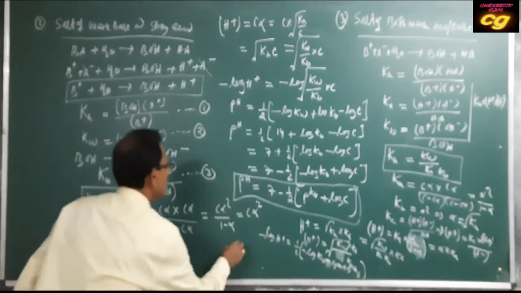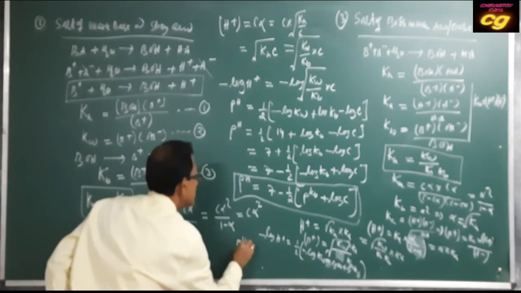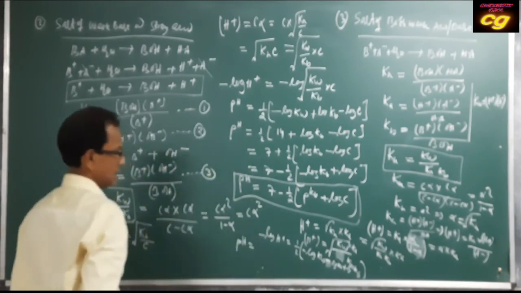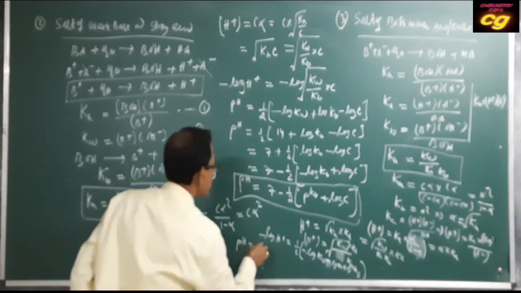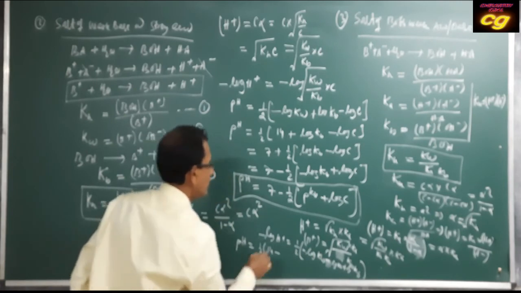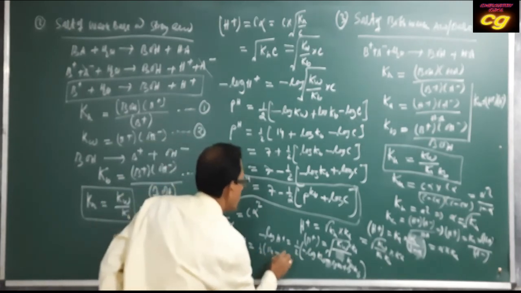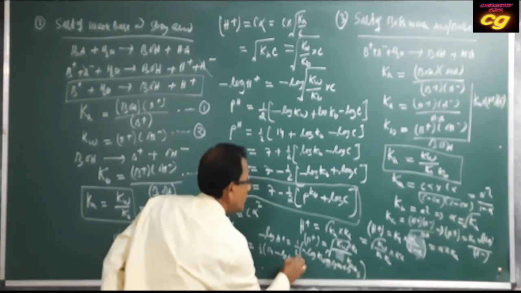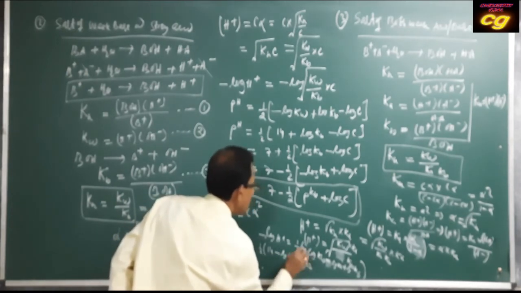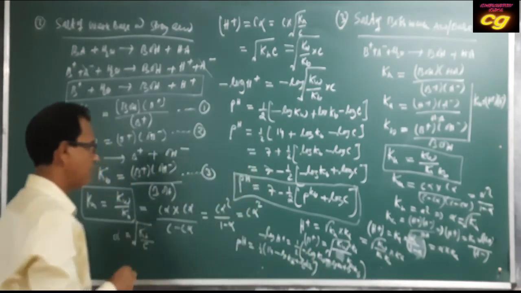So now pH is equal to half of 14 minus pKa minus log Kb plus log Ka.